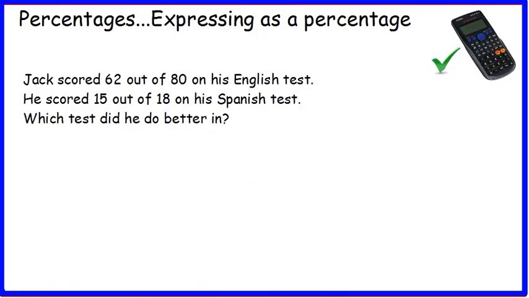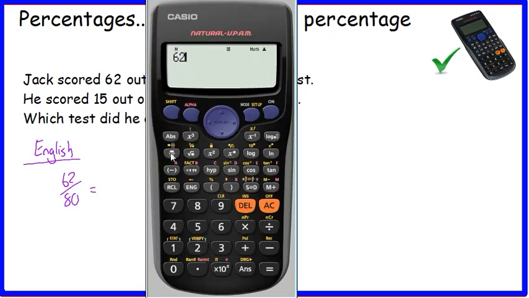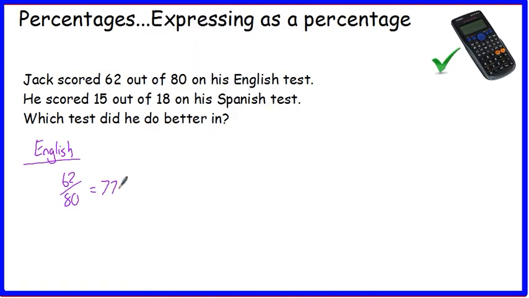Jack scored 62 out of 80 in his English test and scored 15 out of 18 in his Spanish test. Which test is he better in? I'm going to get both of these to a percent. So let's do his English. 77.5%. So when I get them into percentages, I can then compare them much more easily. Spanish, 15 out of 18.